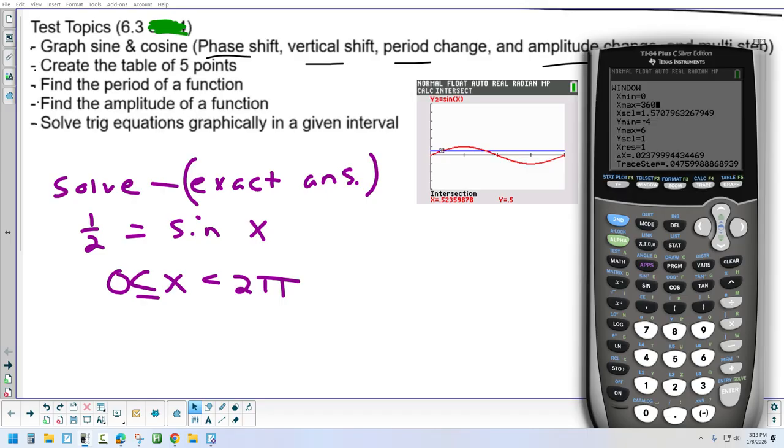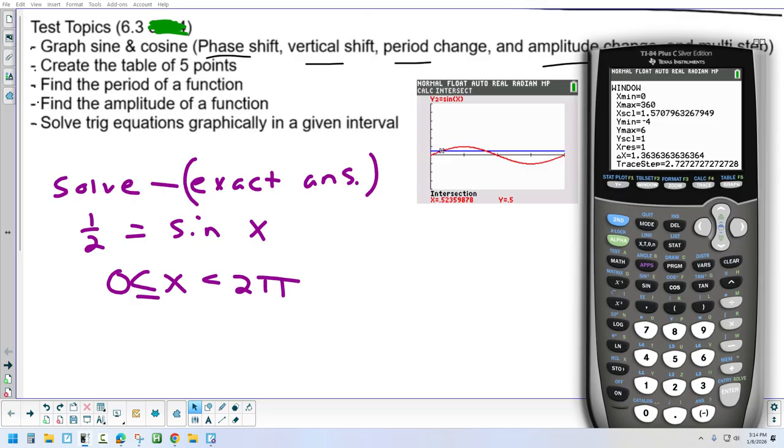So what else do I need to change on my calculator? Well, we're adjusting the window already. We have to change the mode. We're still in radians. If we don't change that to degrees, we're not going to get it in degrees. So how do we put that in degrees?